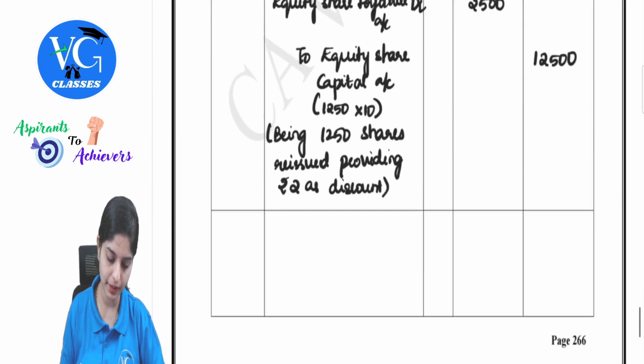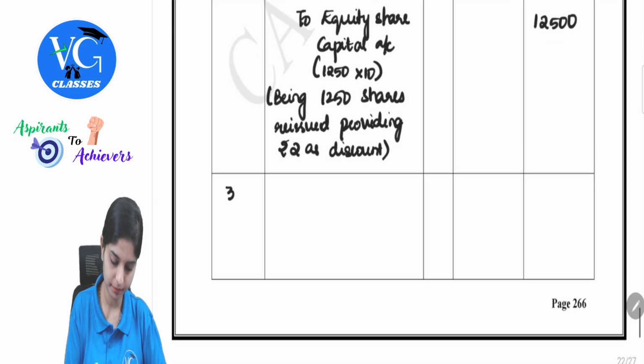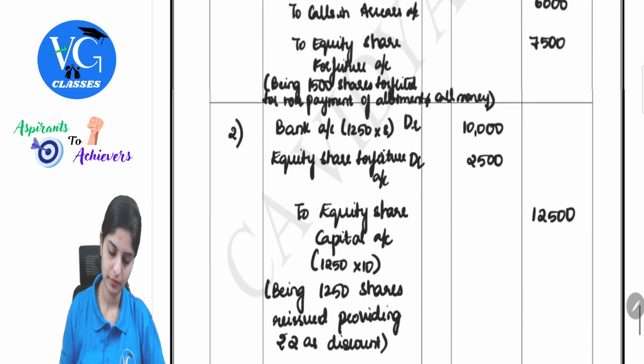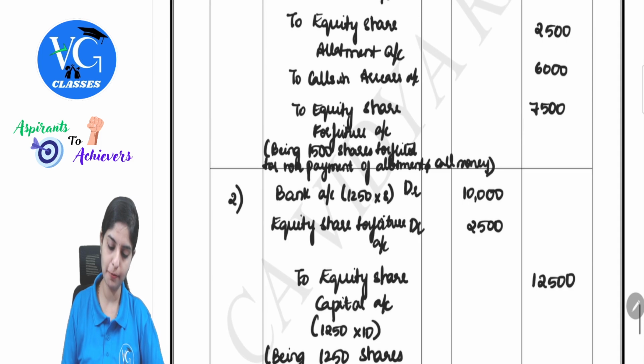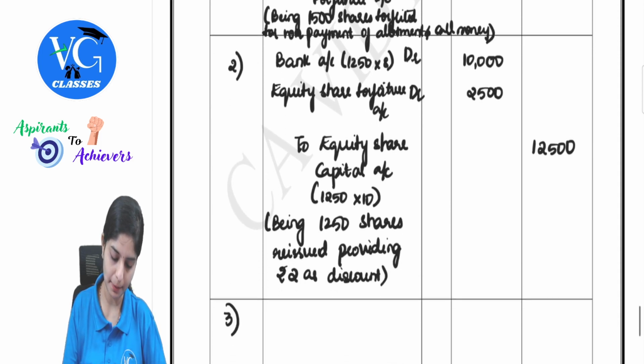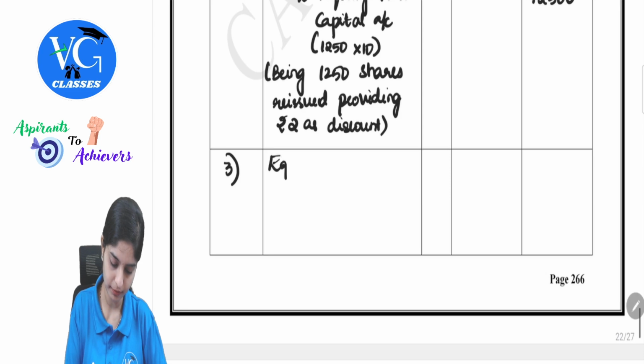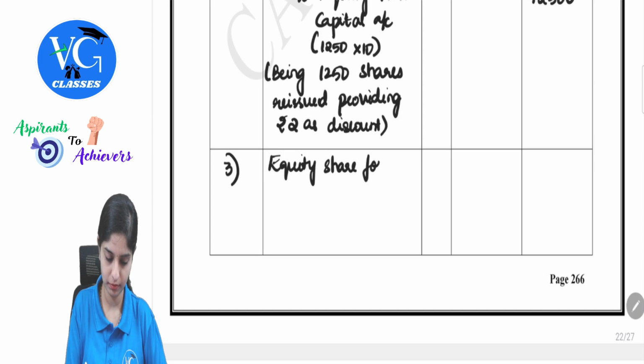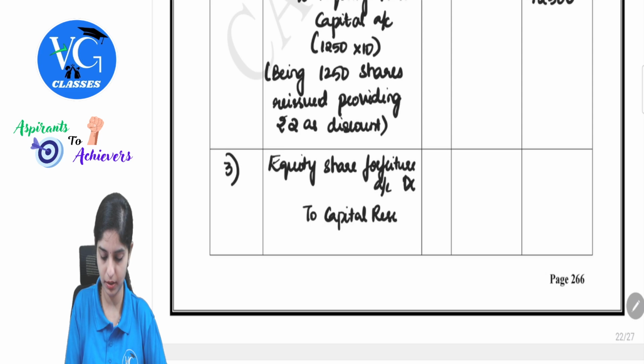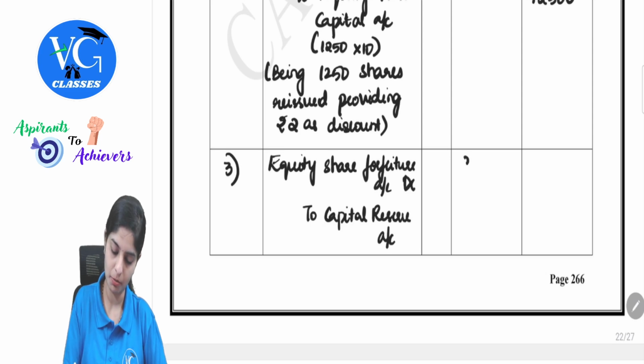So what is the journal entry for this? Equity share forfeiture account debit to capital reserve account. How much? 3,500.